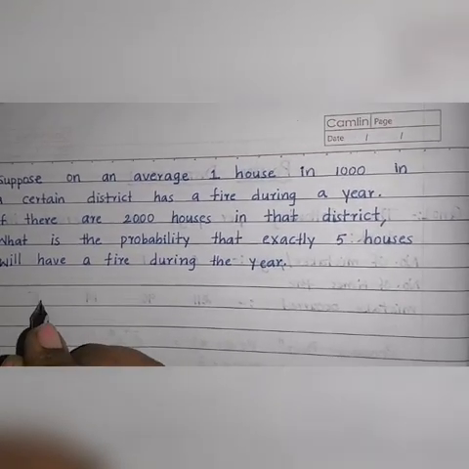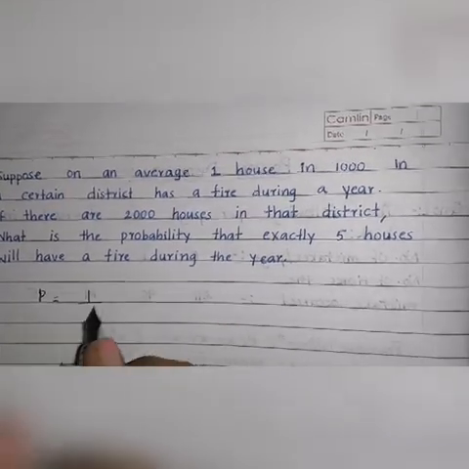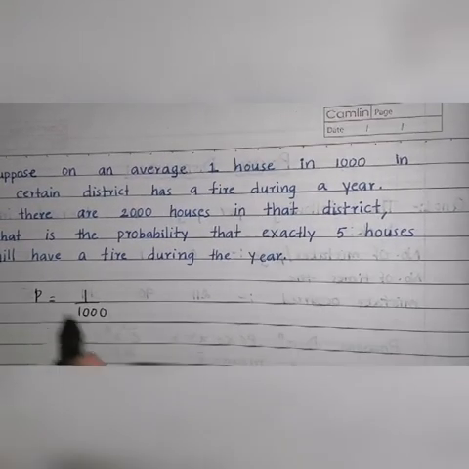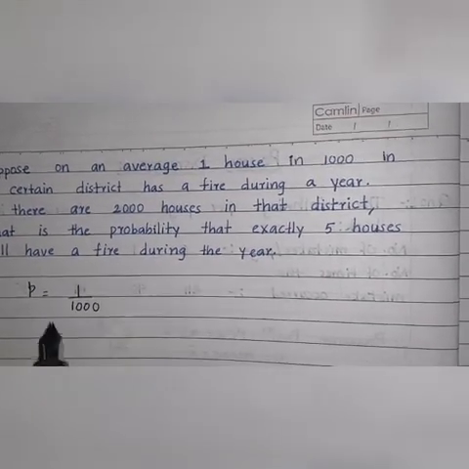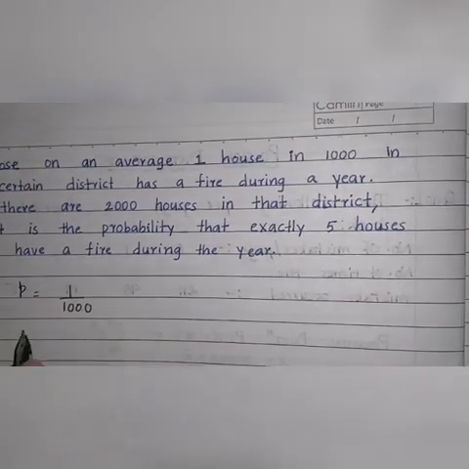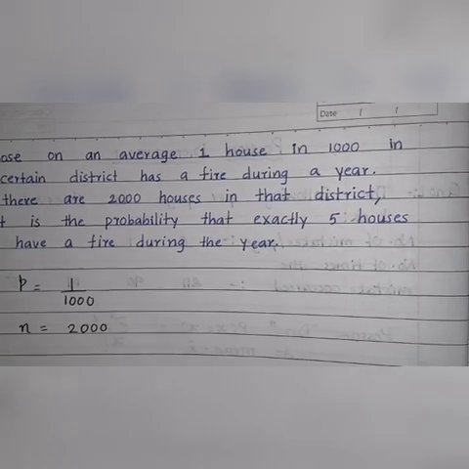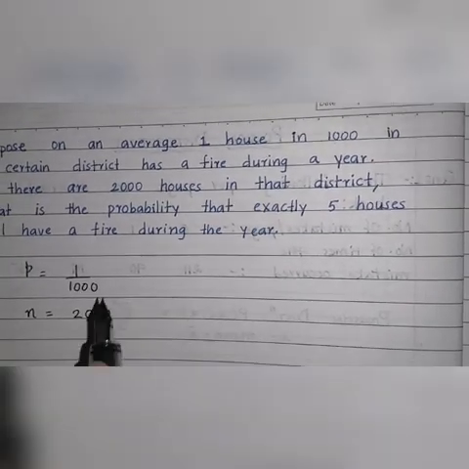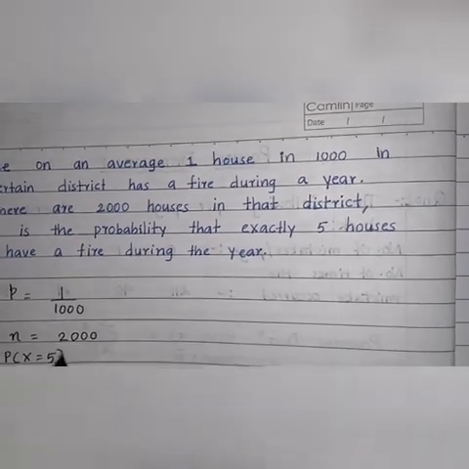We have probability p is equal to 1 by 1000, the probability of catching fire, favorable cases by exhaustive cases, and we have the value of n equal to 2000. Now we are supposed to calculate the probability of this.